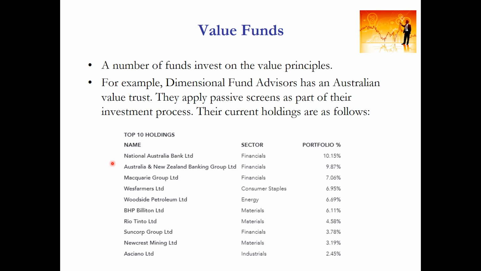Dimensional Fund Advisors has an Australian value trust, and just out of interest, we look at some of the names held within this value trust: National Australia Bank, Australia New Zealand Bank, Macquarie Group, Westfarmers. They tend to be large Australian companies, and they were considered value companies at a certain point in time.